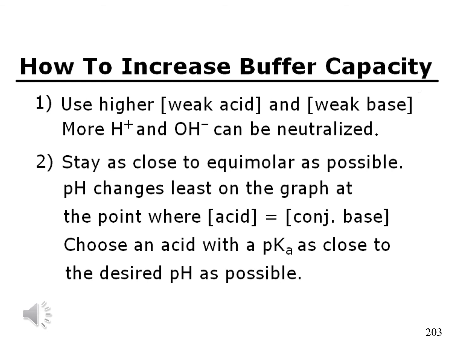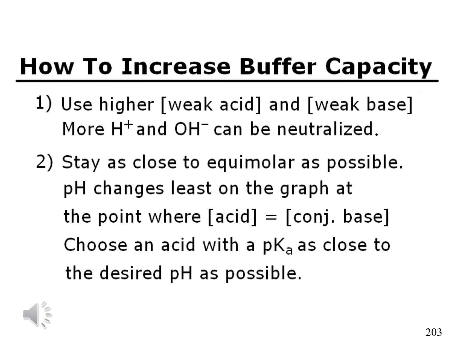The thing is, both of these are restricted by the requirements of your experiment. You want to use as high a concentration of the original buffer as you can, but it can't be too high. I mean, if you destroy your experiment by using too high a concentration, that's no good.